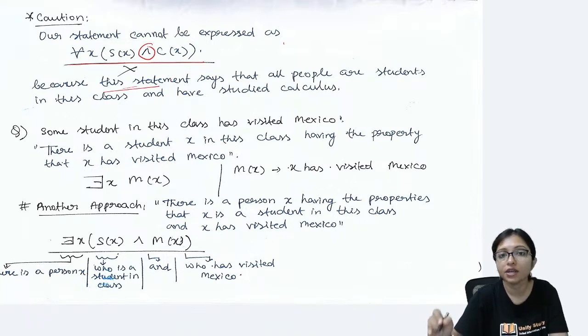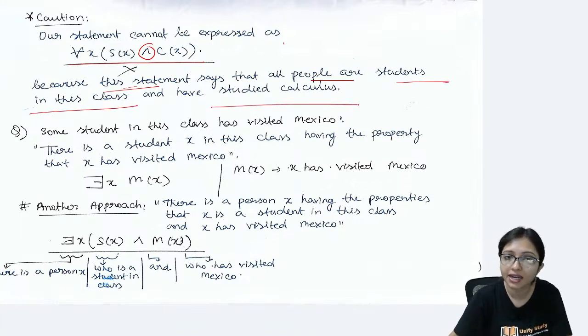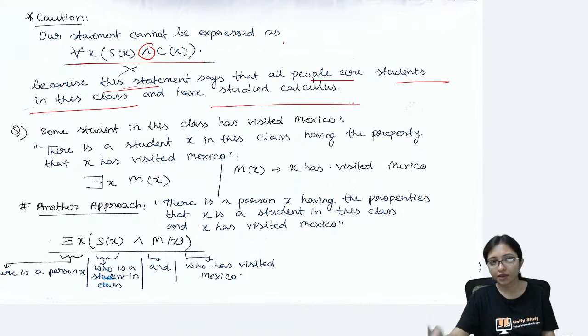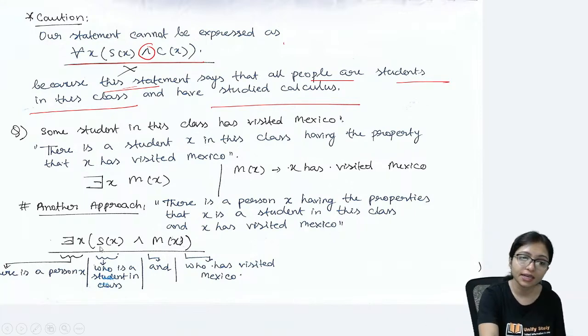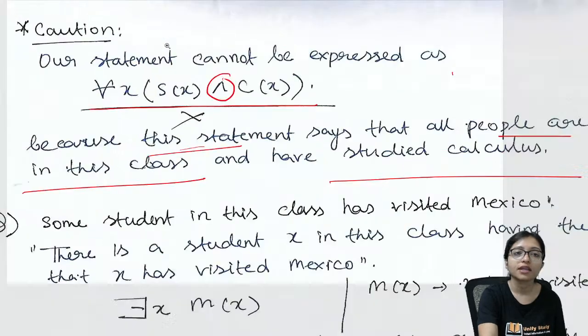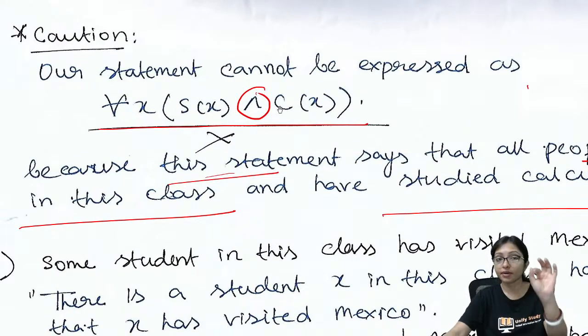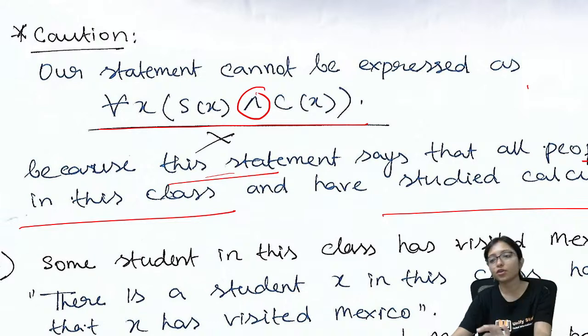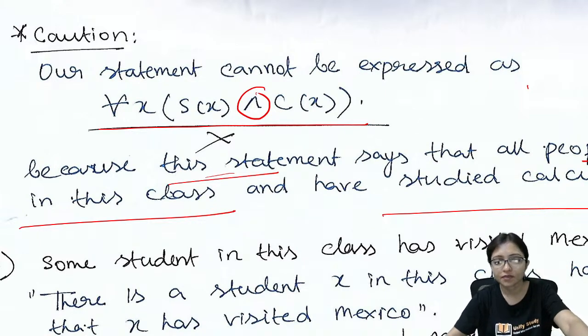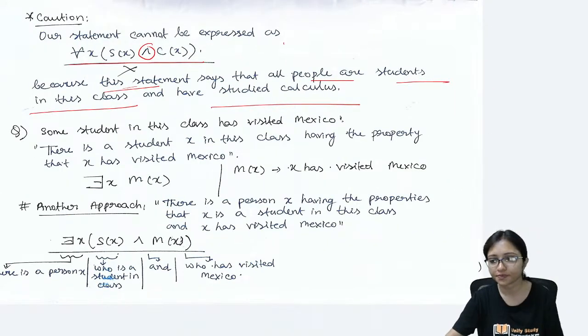Because the statement will say that all people are students of the class and have studied calculus. If I am writing in this way, then the meaning is changing, and that's why you cannot use and. Remember that with the for all, and will not be there. With the for all, we will utilize the implication symbol. And this trick, if you are able to remember, most of the questions will be easy to solve. Otherwise, you will get stuck. Otherwise, you will face the problem.